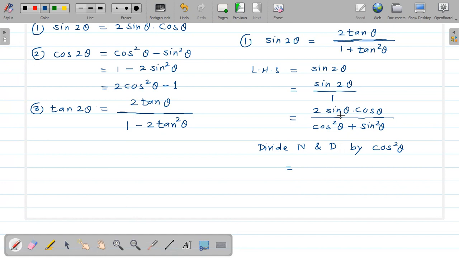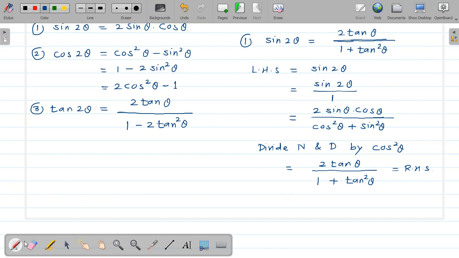So see here, if you divide the numerator by cos square theta, then one cos theta will get cancelled and you will get 2 tan theta as the numerator, and in the denominator, cos square theta by cos square theta gives 1, plus sin square theta upon cos square theta is tan square theta. So from now on you remember this as another additional formula for sin 2 theta. This is also a double angle formula: sin 2 theta is equal to 2 tan theta upon 1 plus tan square theta.